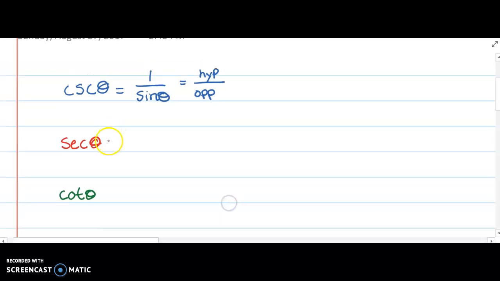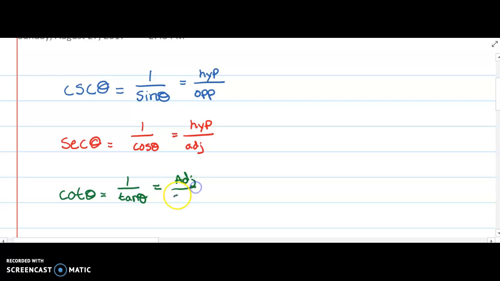Secant is actually 1 over cosine of theta, which is equal to the hypotenuse over the adjacent. And then the last one, cotangent, is equal to 1 over tangent of theta, which is equal to adjacent over opposite. Okay, so all they are the reciprocal of our main 3.